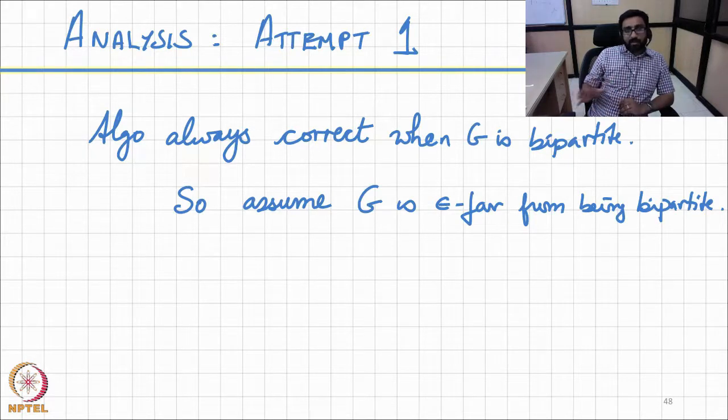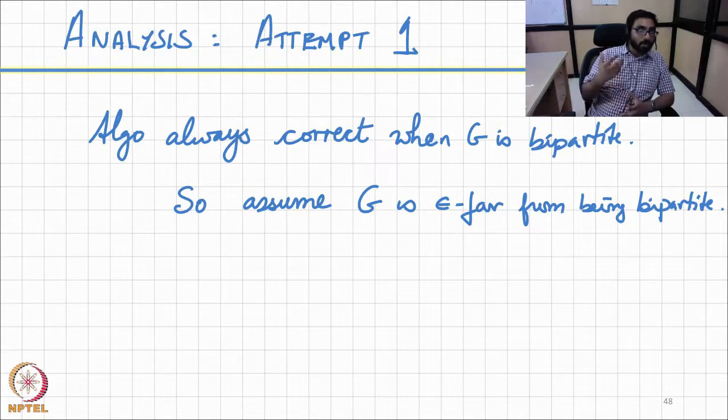Notice, of course, that the algorithm is always going to be correct when G is bipartite. And so, like in many other such property testing contexts, we don't care so much about getting the right answer when the property holds. We're more concerned about being able to reject when the property does not hold.